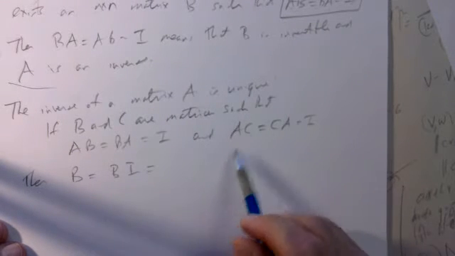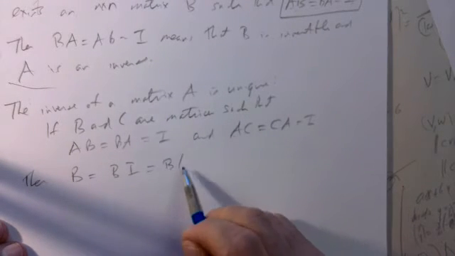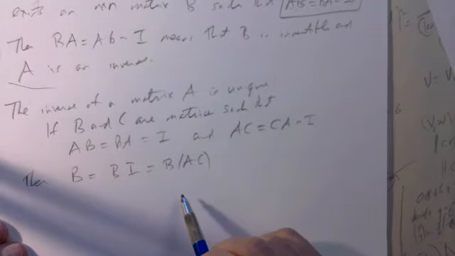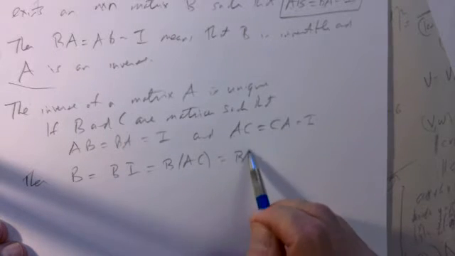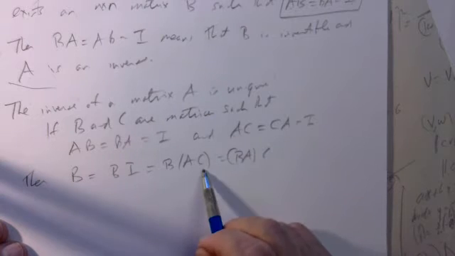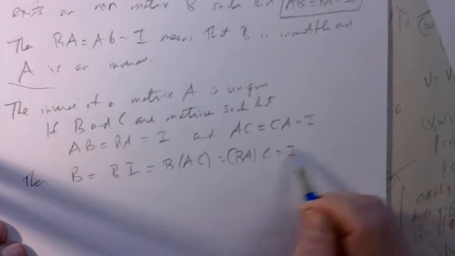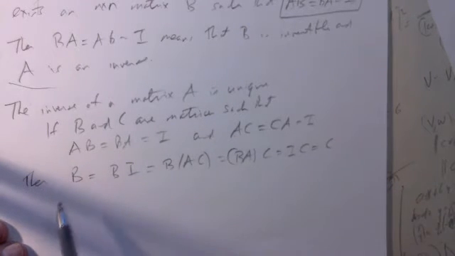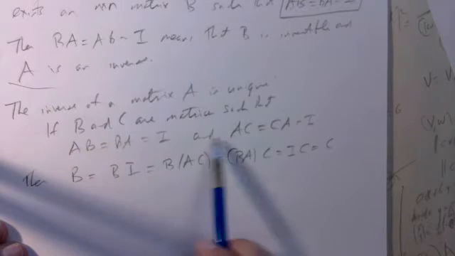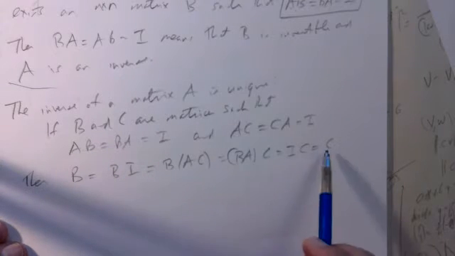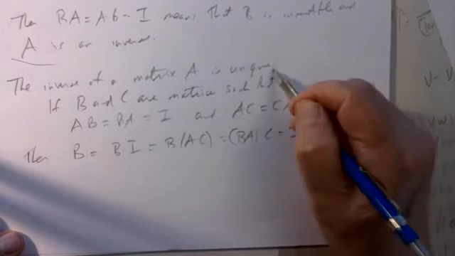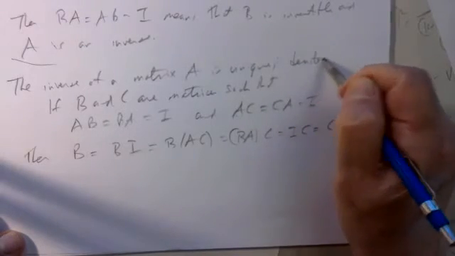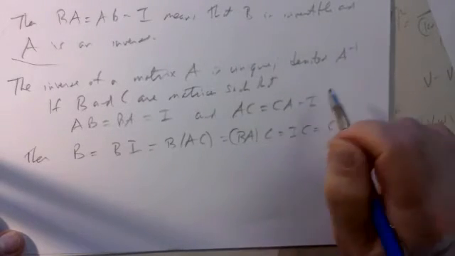And the identity can be written as A times C, so that's B times AC. And because matrix multiplication is associative, this is BA times C. And BA is the identity, so it's C. So if B and C are two inverses of A, they're the same matrix. So the matrix is unique. And because it's unique, we'll just denote it by A to the power minus 1.